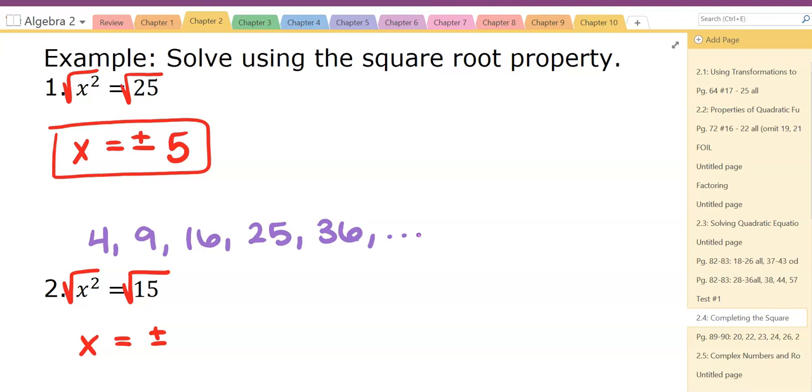So if you can't square root it, you just leave it underneath that radical sign. If I actually square root 15, I'll get some decimal, probably like 4 point something. There would be a positive side and a negative side to it.